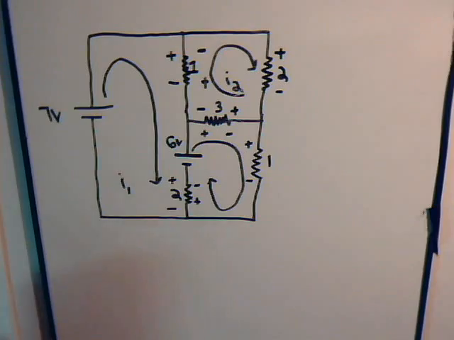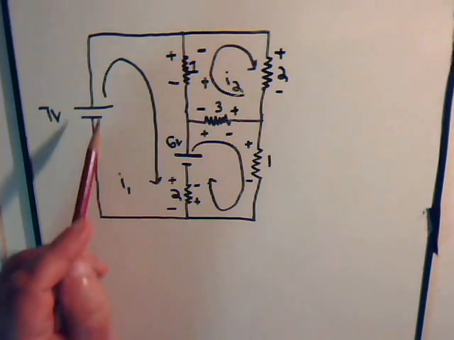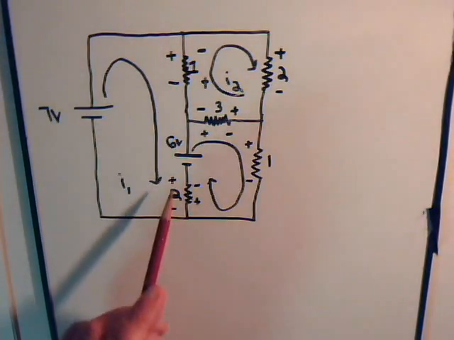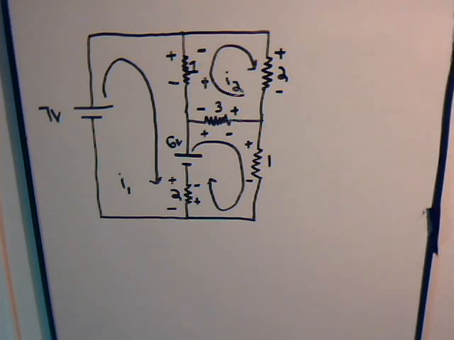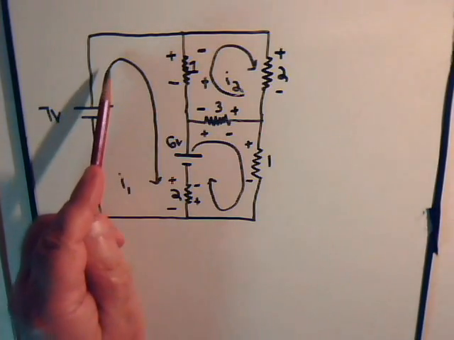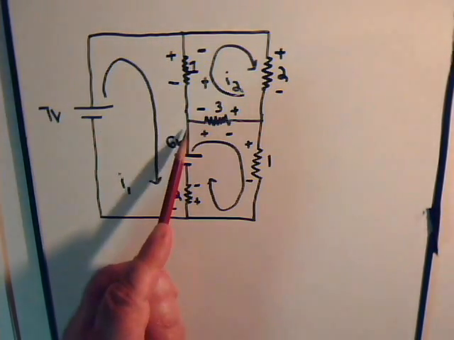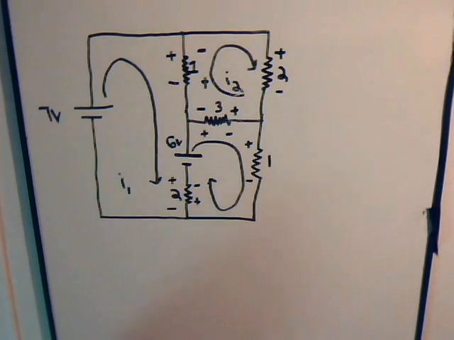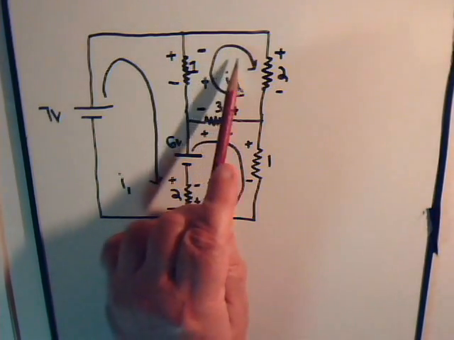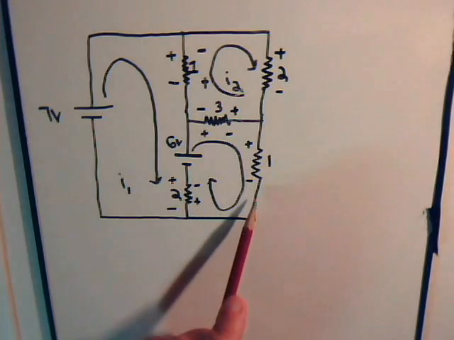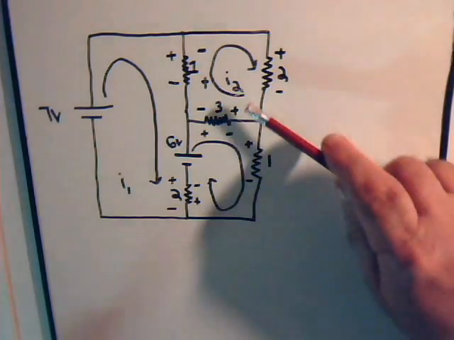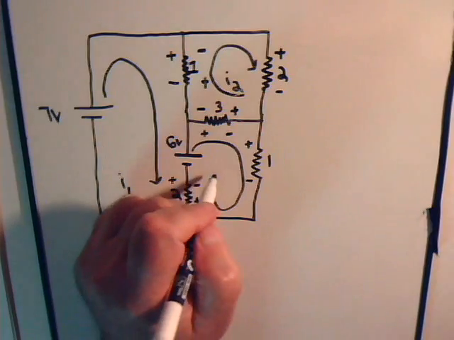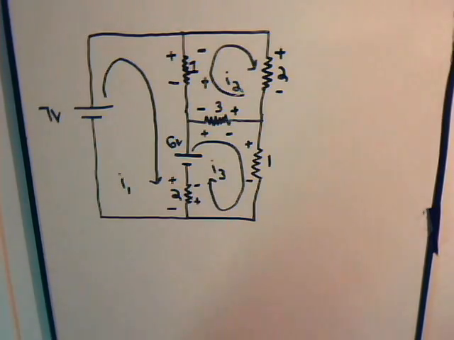For example, this would be window 1, with current I1 flowing through it, and we draw the current as if it's flowing through this part of the circuit in a clockwise direction. We set it up in like manner for this window and this window. So this would be current I2, and this would be current I3.